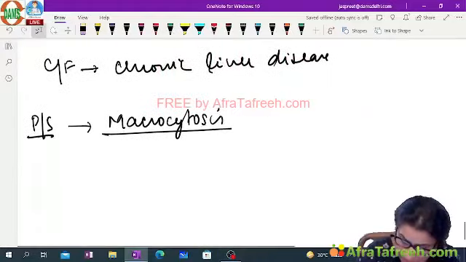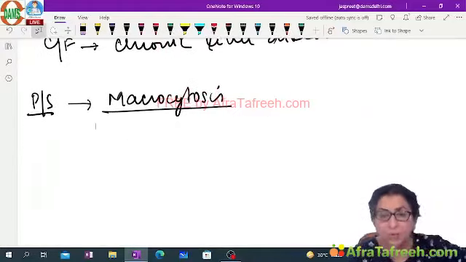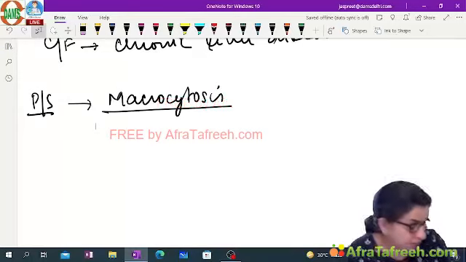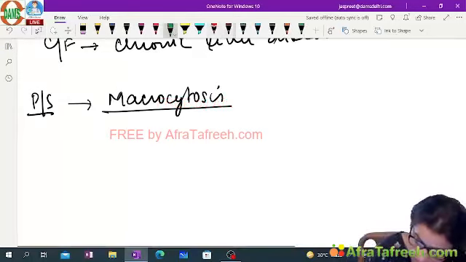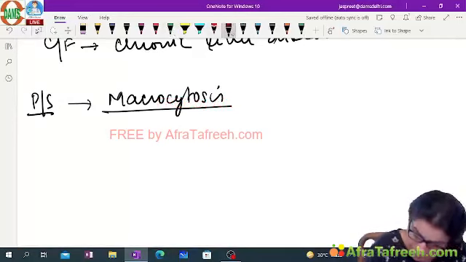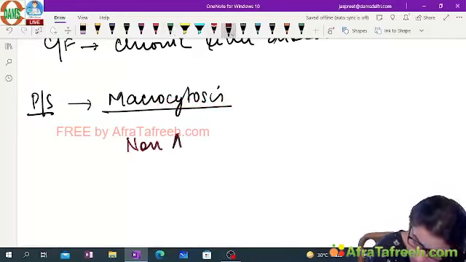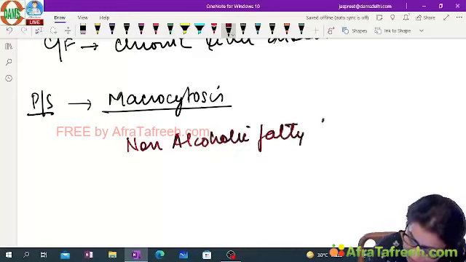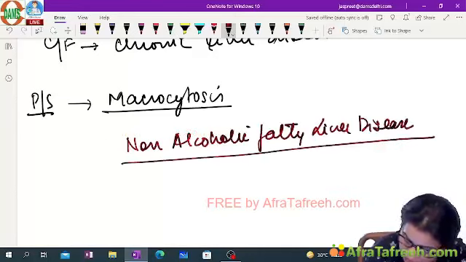After alcoholic liver disease, people who don't take alcohol can also end up with all these features. So there is something called non-alcoholic fatty liver disease.